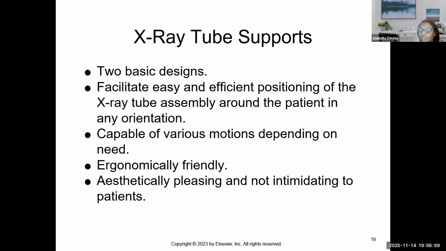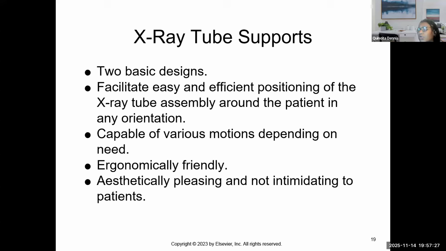All right, the two designs, before I put you on break in a second: we have the overhead tube support, and then we have the floor mounted tube support. With the floor mounted, it's bolted to the floor and the tube just traverses along the side of the table. So it's less versatile in terms of how we can move it around the room because it's stuck right there on that rail.